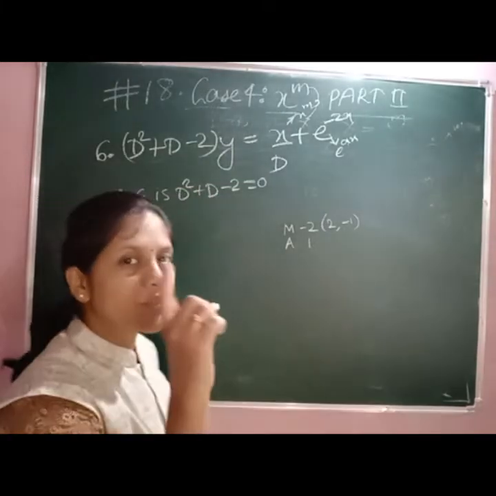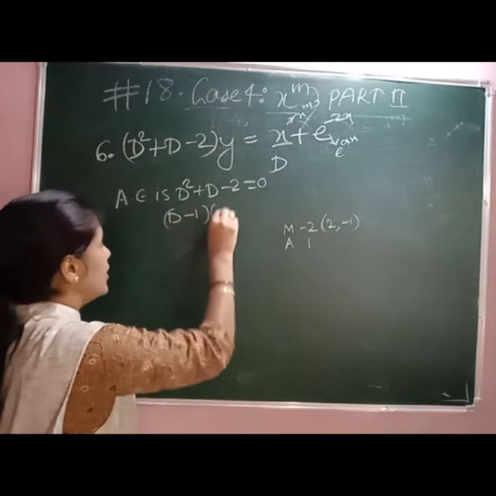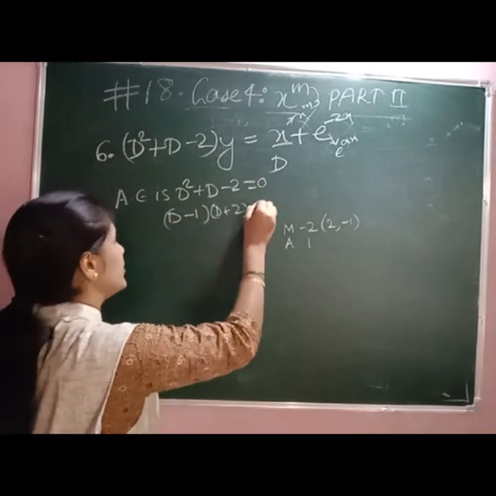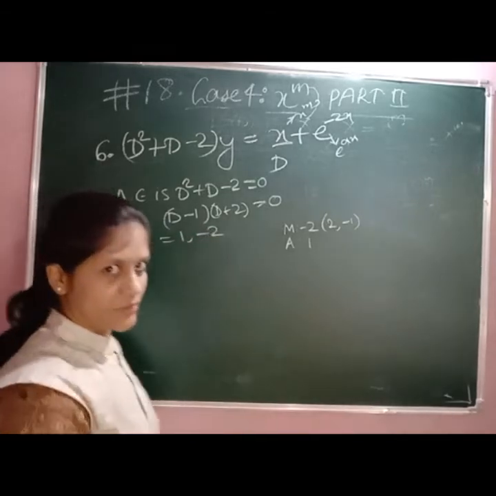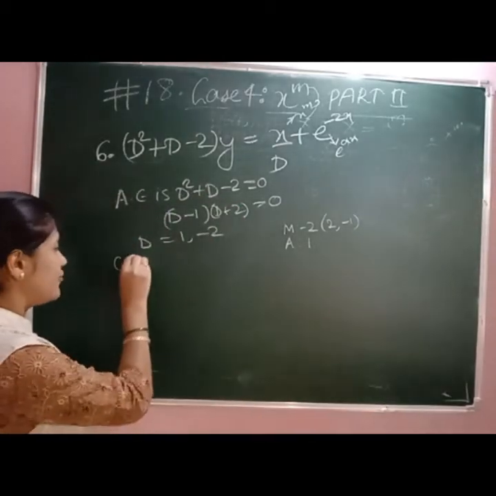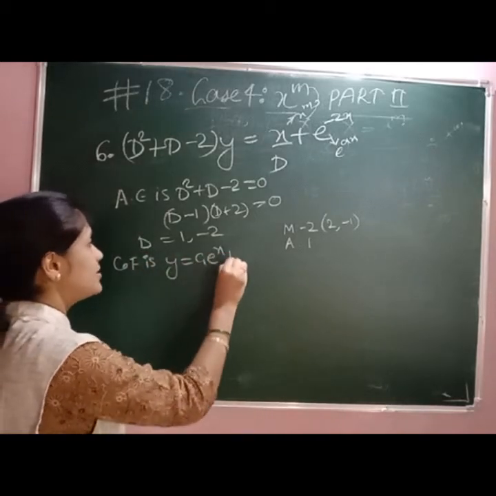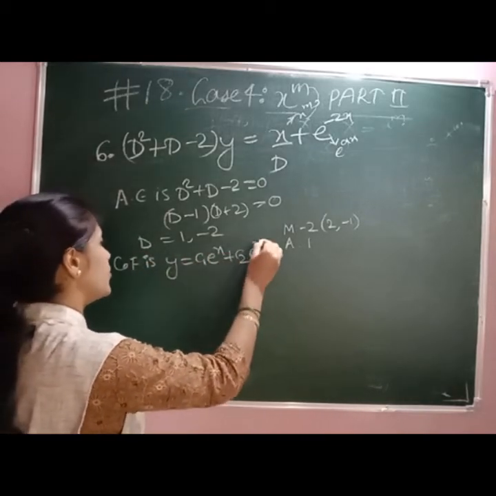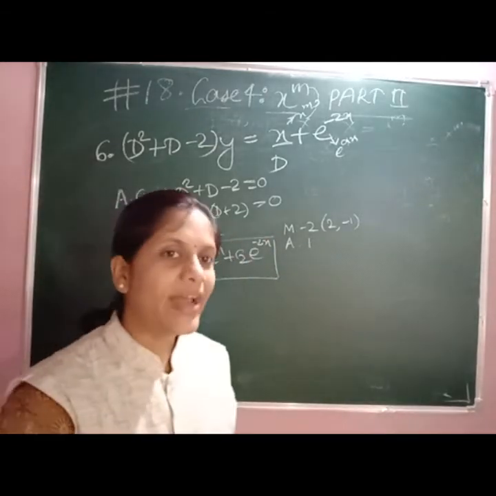The coefficient of D² is 1, so I can write (D − 1)(D + 2) = 0. So what is the value of D? 1 and −2. So the complementary function is y = c1 e^x + c2 e^(−2x).